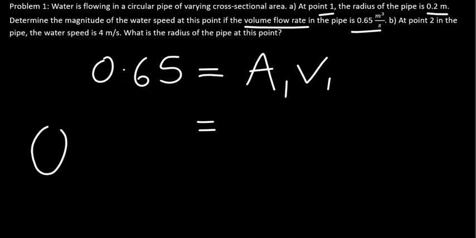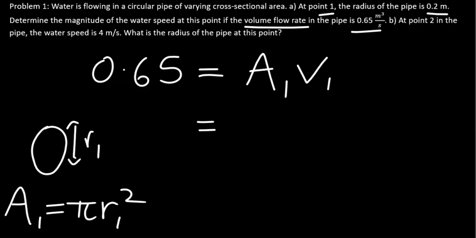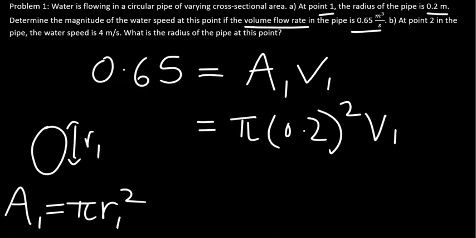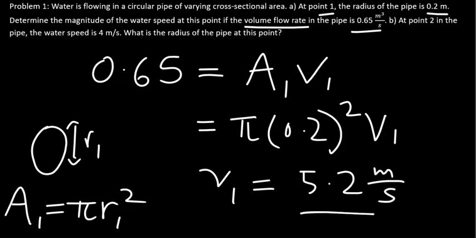So if it is a circular cross-sectional area, then the cross-sectional area is given by pi times the square of the radius. So that is R1, that distance right there. That's the radius. So that means A1 is pi times 0.2 squared. v1 we don't know. That is what we want to determine. And we can solve for v1 here, and it will turn out to be 5.2 meter per second.